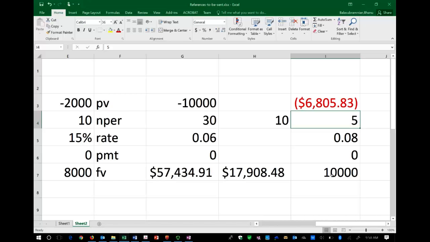Instead of 10,000, if I put 20,000, your present value would be higher or lower? It would be higher, right. So, a higher future value will also give a higher present value. Okay. What about the interest rate? What about the discount rate?